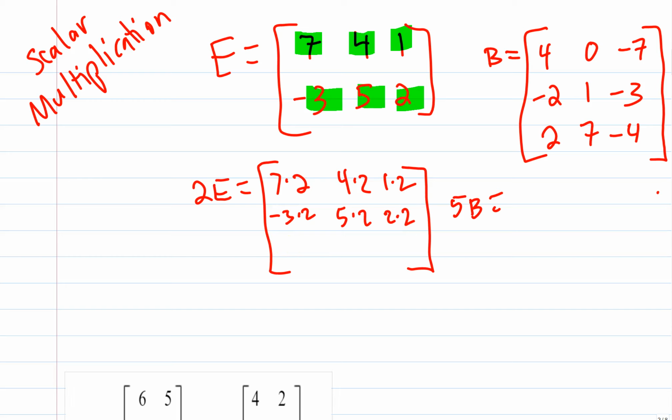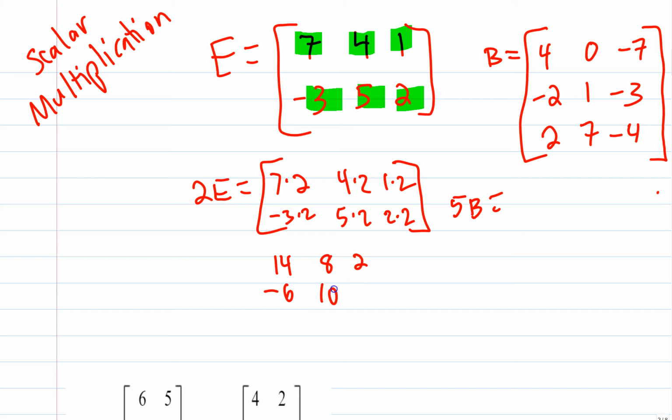I need to shrink my little matrix there. And so, distributing that 2, we would just end up with 14, 8, 2, negative 6, 10, and 4. And that would be 2E.